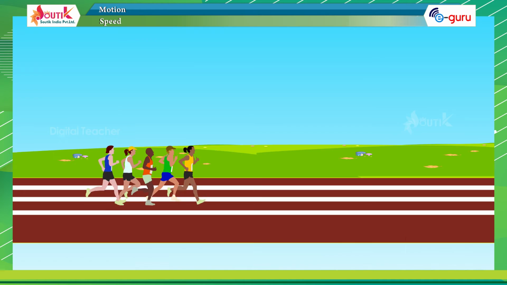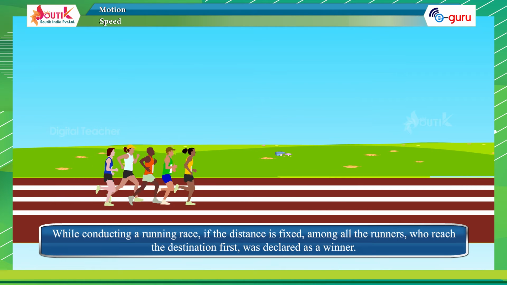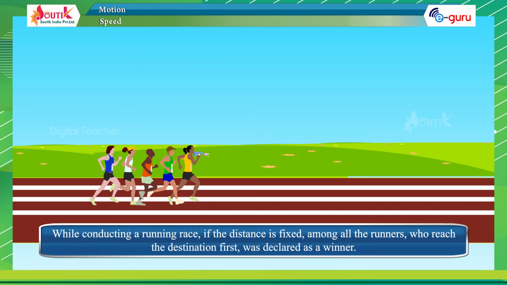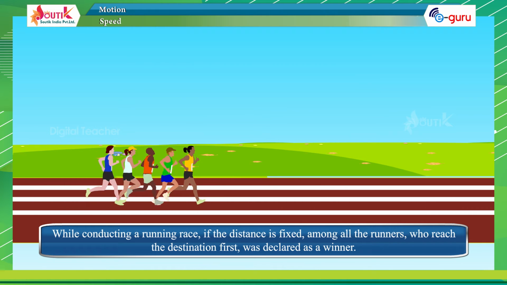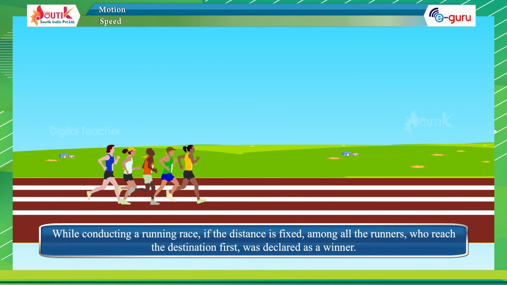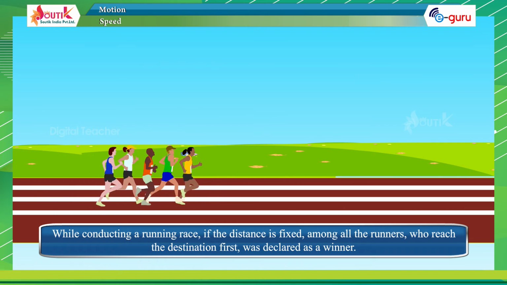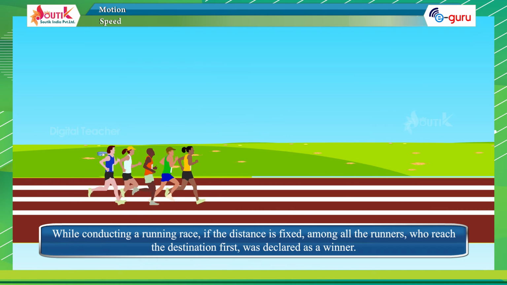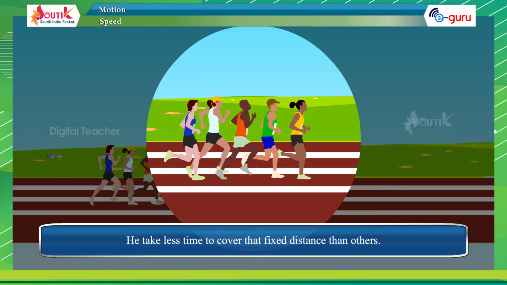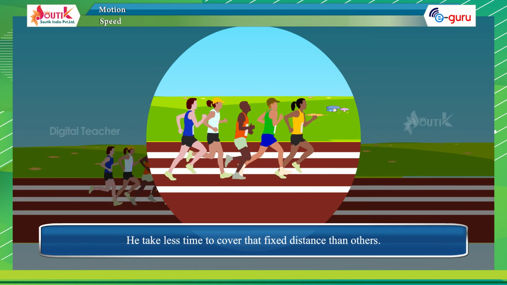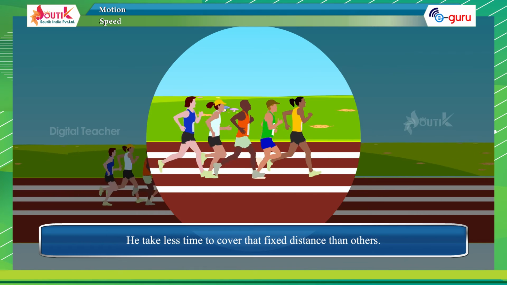Speed. While conducting a running race, if the distance is fixed among all the runners, whoever reached the destination first was declared the winner. He took less time to cover that fixed distance than others.